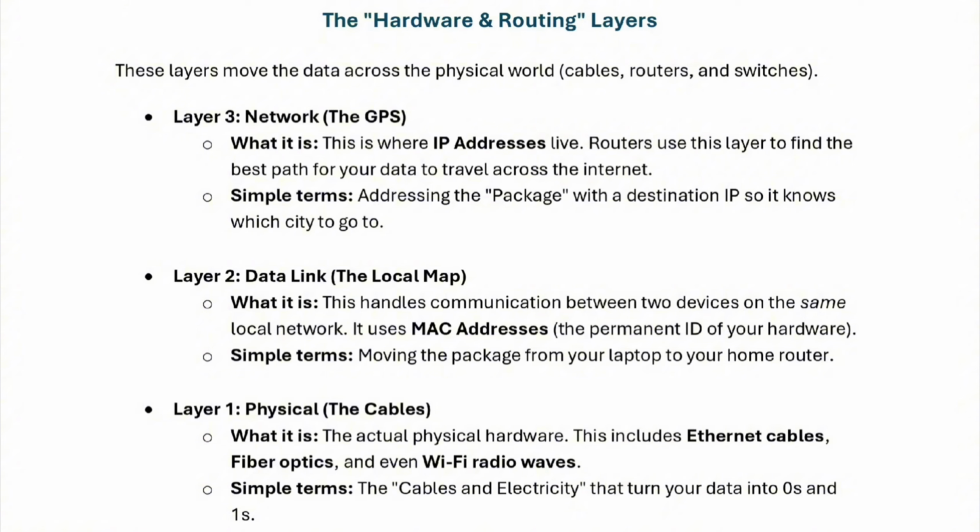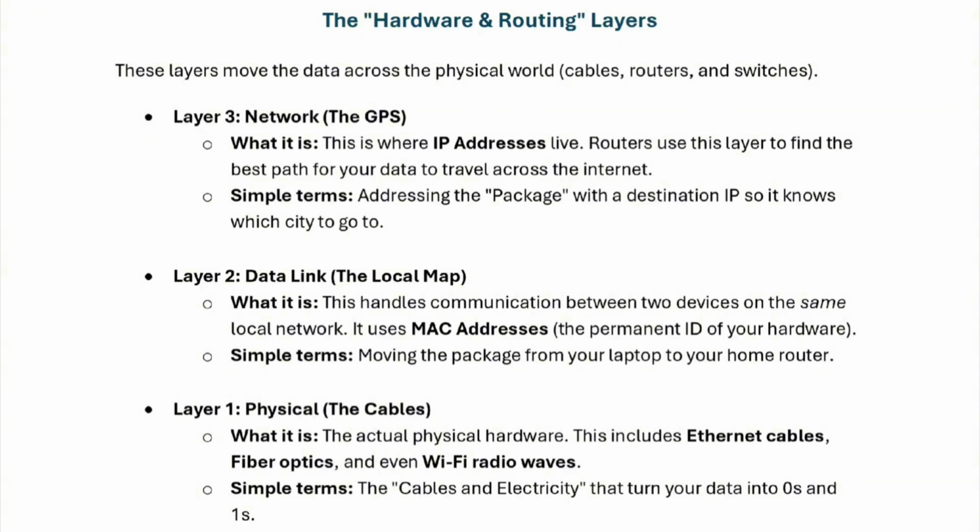In layer 2, the data link layer, it moves the data from your laptop or device and uses MAC addresses for each data fragment, so the transfer is secure and clean.